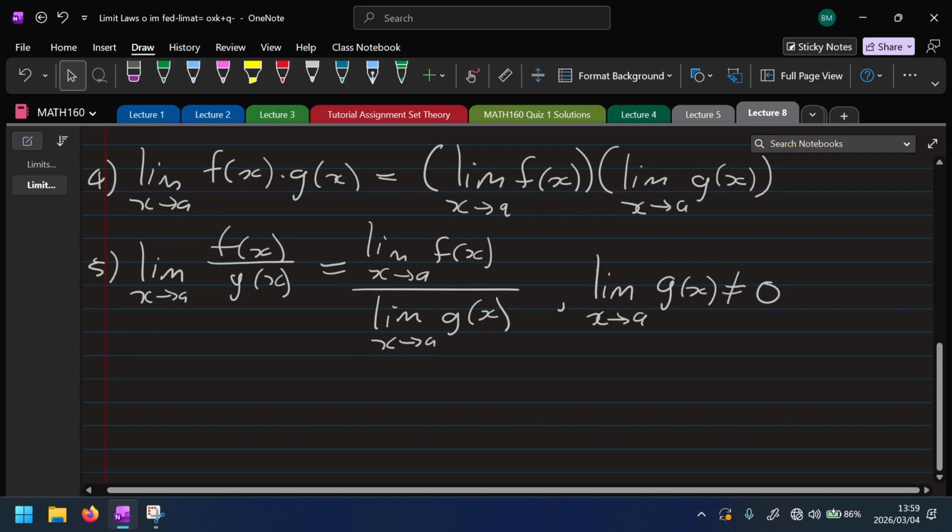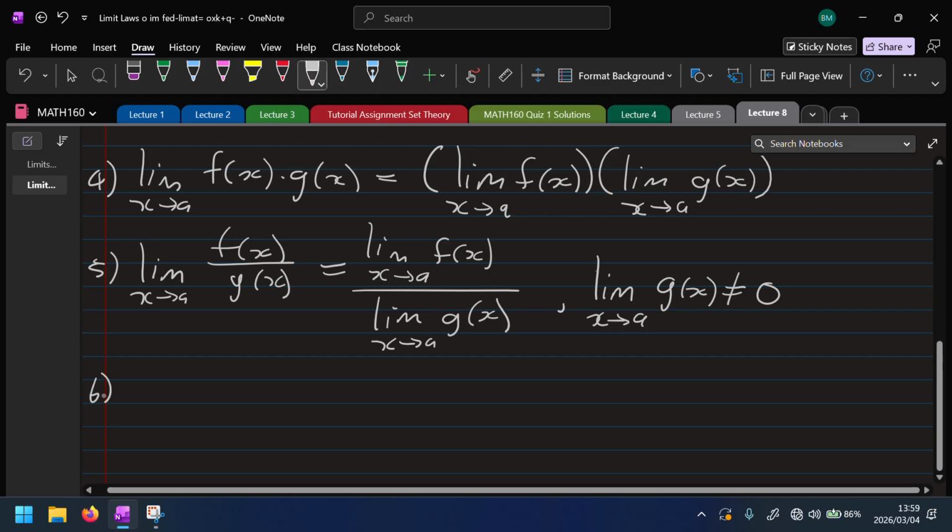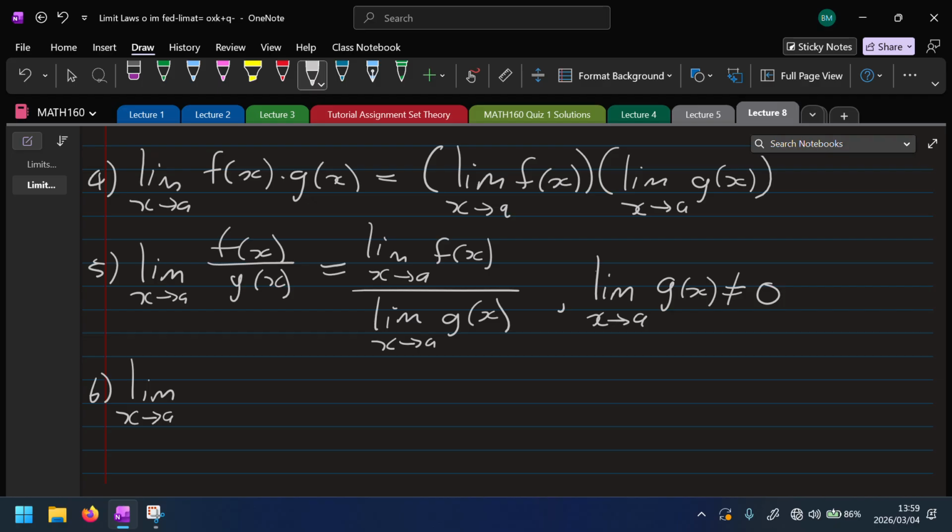Number six, limit x goes to a of our function f of x to some power n, whatever n might be. So what we can do is we can take the limit inside brackets and have the whole thing to the power n.